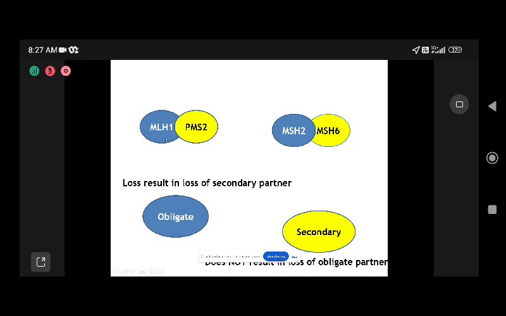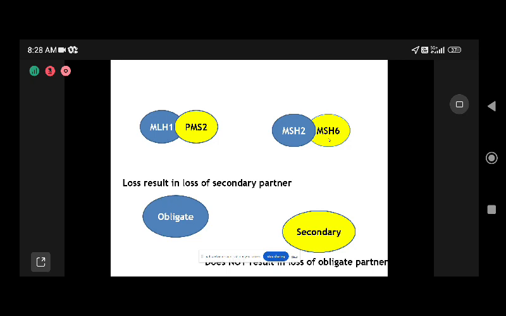Similar is the case for MSH2 and MSH6. MSH2, which is in blue, is the dominant partner, whereas MSH6 is its secondary partner. If MSH2 is not present, then MSH6, its secondary partner, also gets degraded. So if there is a loss of MSH2 on immunohistochemistry, we will find that its secondary partner is also lost.